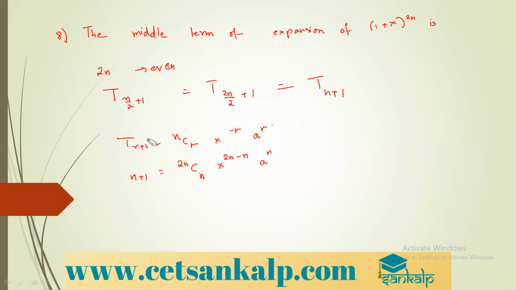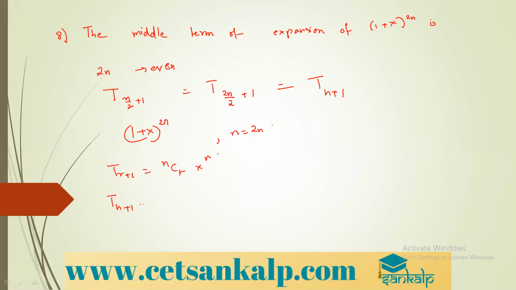Otherwise, you can take the general term as in another formula also. Easy formula. Instead of this difficult one, you can take 1 plus x whole power 2n. Here the power n is 2n. The general term you can take nCr x power r. Because we are finding Tn plus 1, the power n is 2n, r is n, x power r is n.